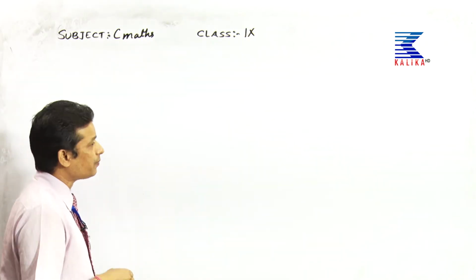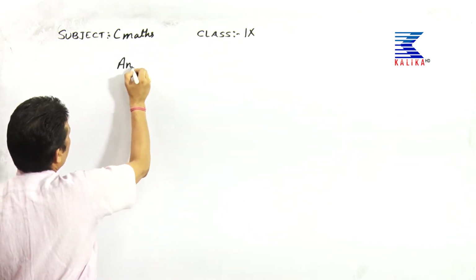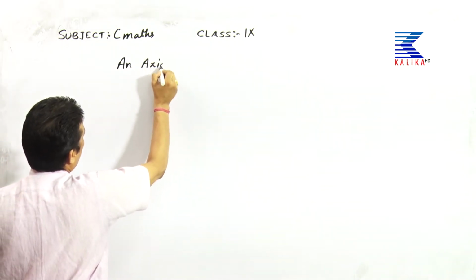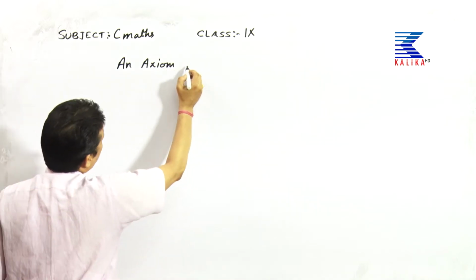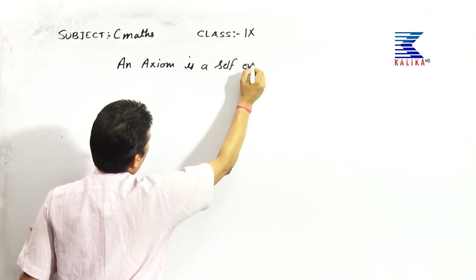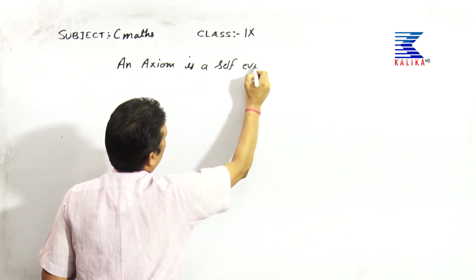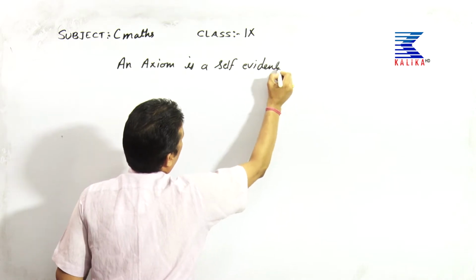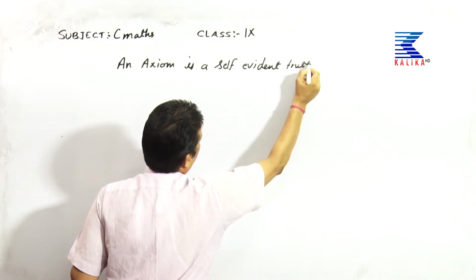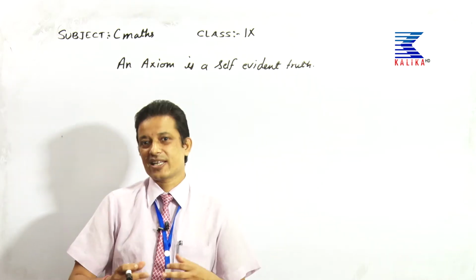At first, dear students, you should know what an axiom is, as I have just shown you in the slide. An axiom is a self evident truth, and there are some axioms.